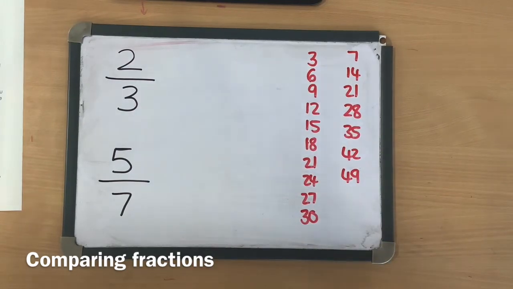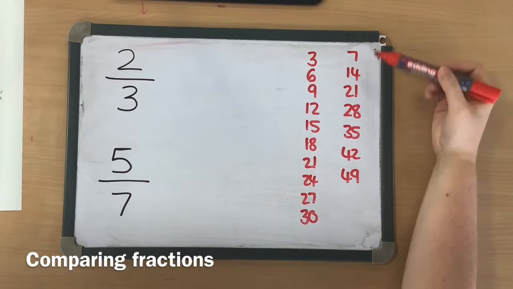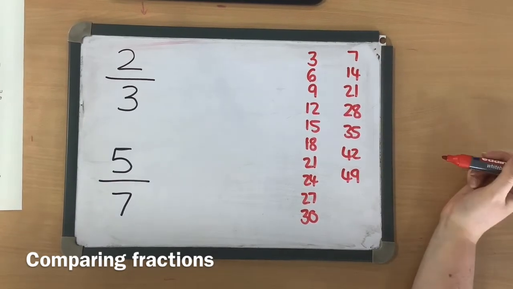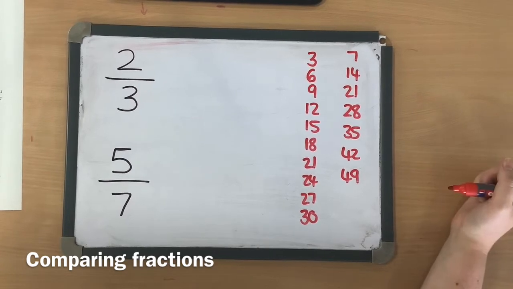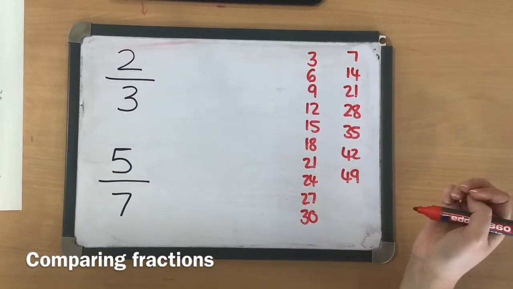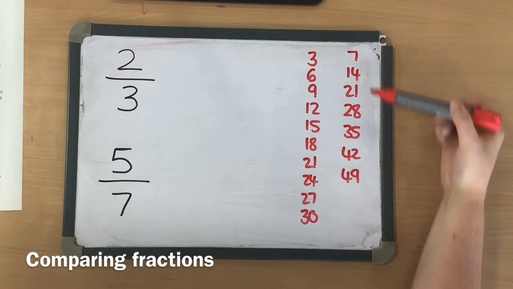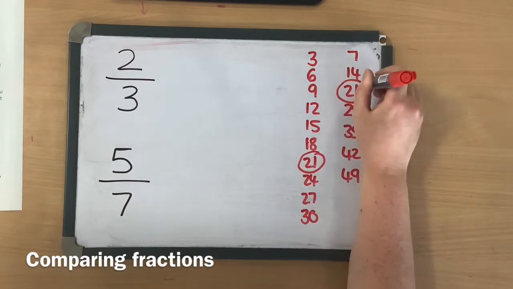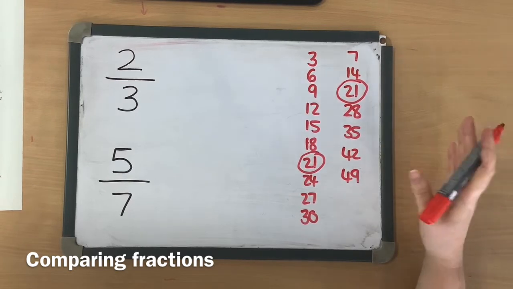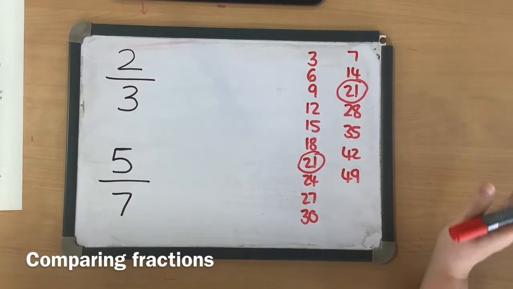Looking at my list of multiples, I then need to identify which is the lowest common multiple. By common I mean the same. So if I look down my numbers here, where are they the same? 21. So my lowest common multiple is 21.